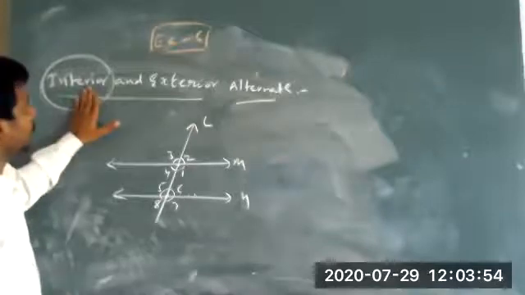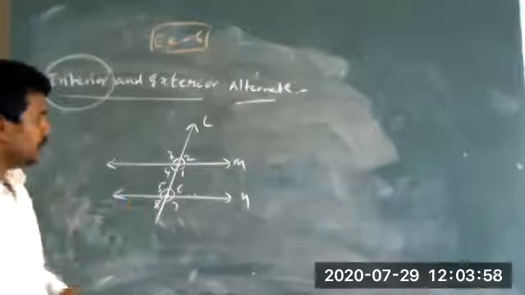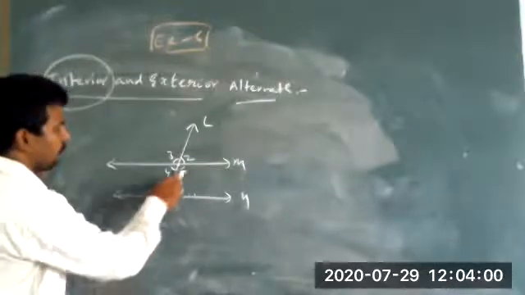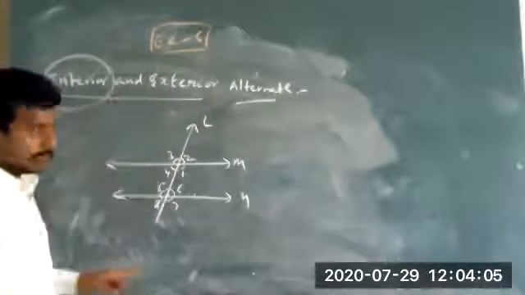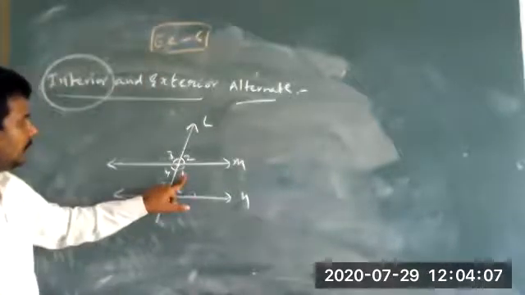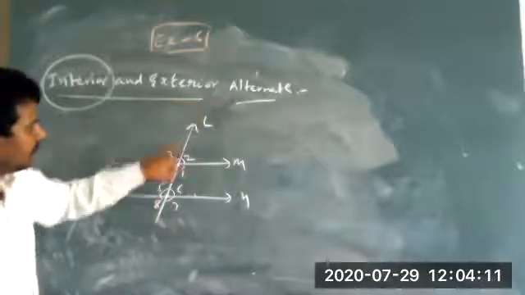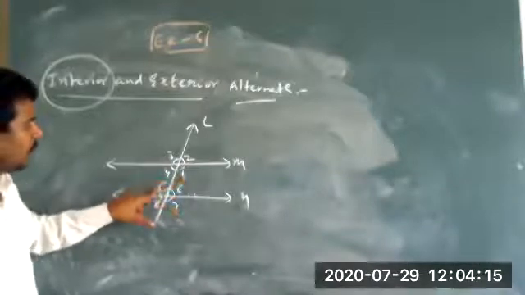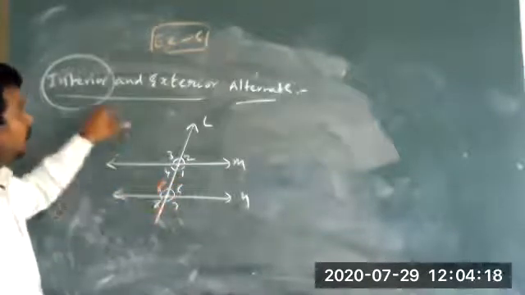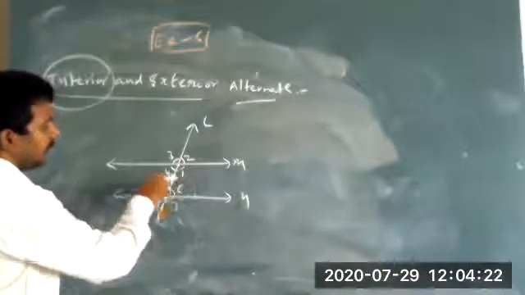Now discussing interior alternate angles. Alternate means not on the same side of the transversal. So angle 1 and angle 5 are interior alternate angles. This side and this side, not the same side. Angle 4 and angle 6 are also alternate interior angles.